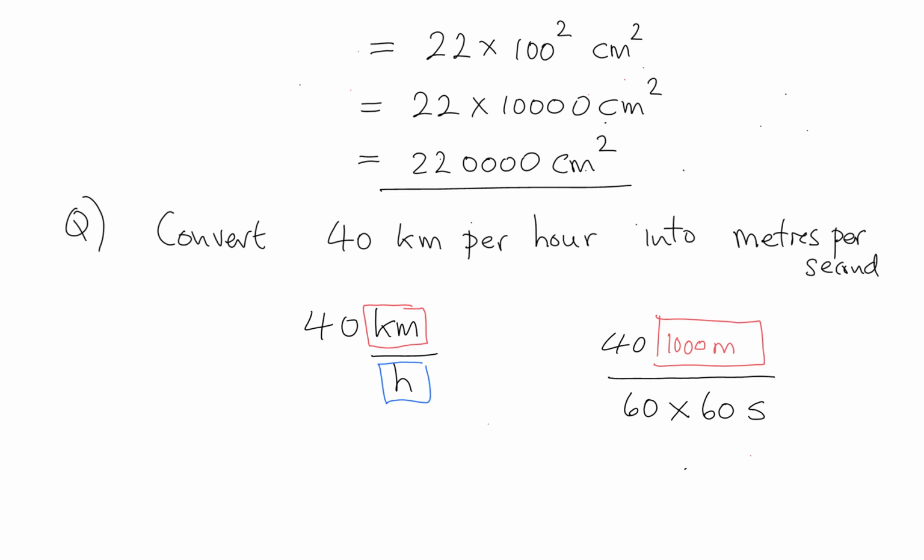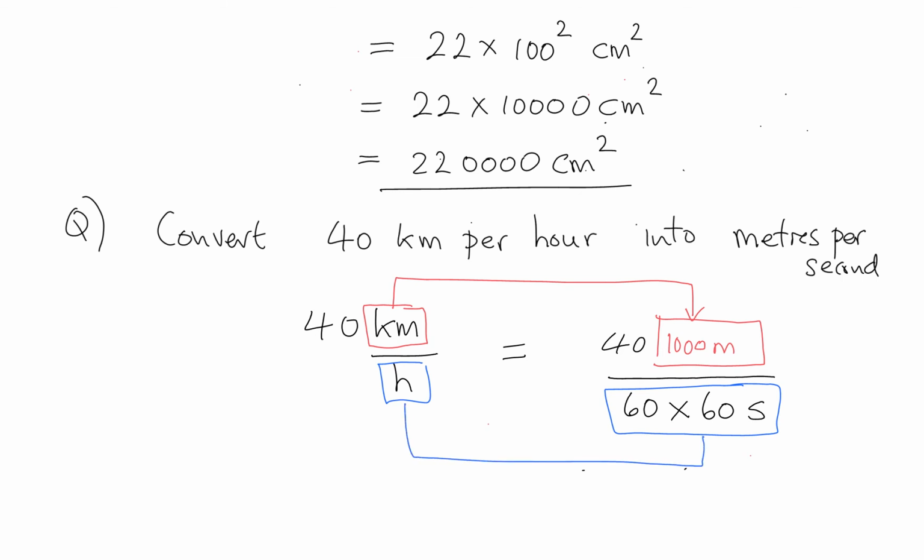So this hour is 60 times 60 seconds. Okay, so those two things are equal now. The 1 kilometre there is 1,000 metres, and the 1 hour is 60 times 60 seconds.